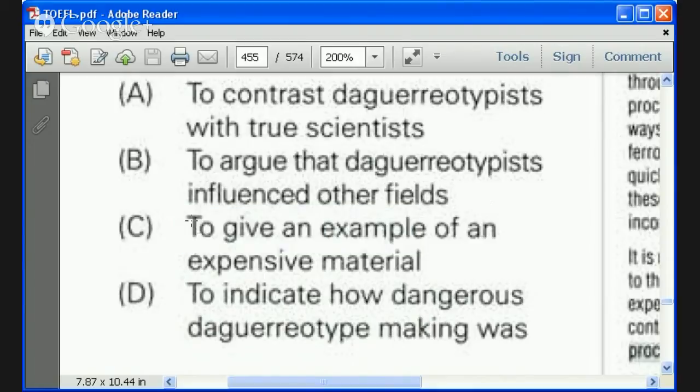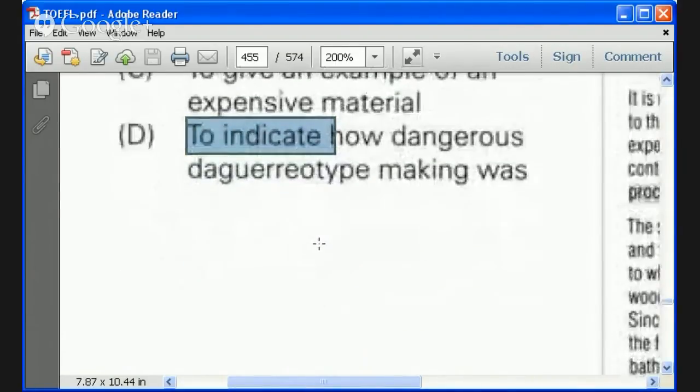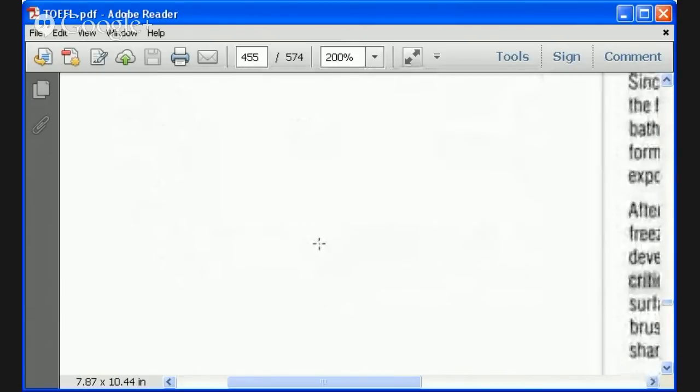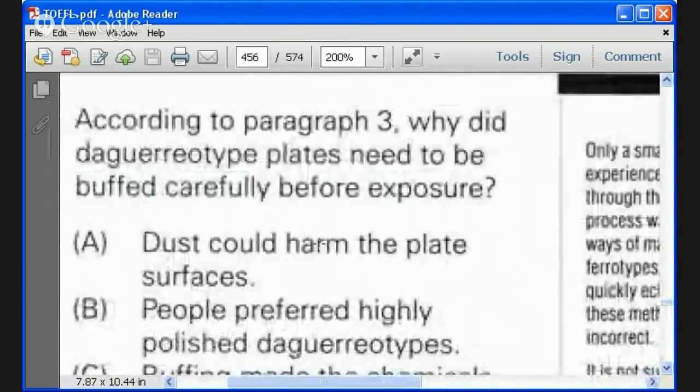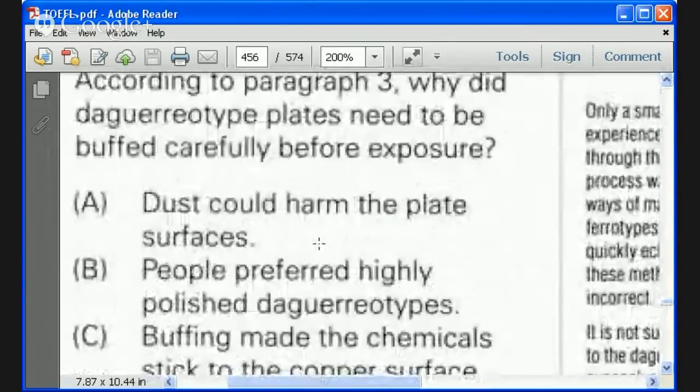So they will give possible answers with the same purpose verb. All right, be aware of that. In other words, both things have to match: the verb which indicates the author's purpose and the actual specific information. Alrighty. Okay, moving on.